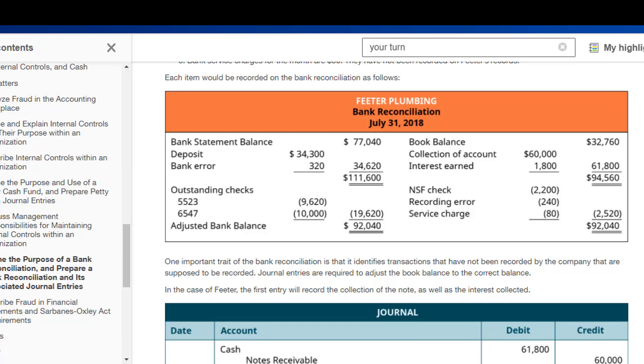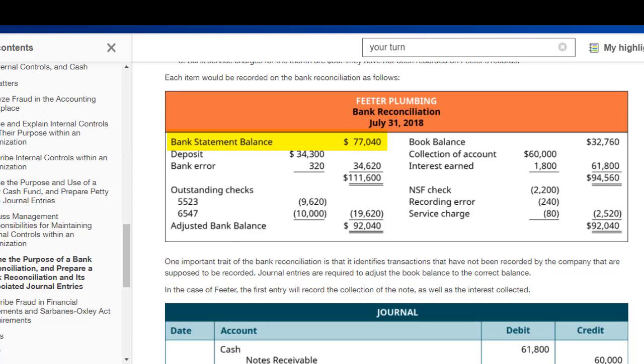In this example, you think you have $32,760 in the bank. You log on to your bank account and the bank says, no, you have $77,040. Woohoo! Should you go out and spend it?